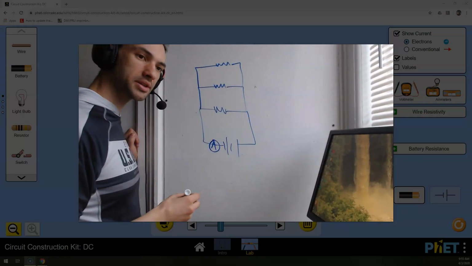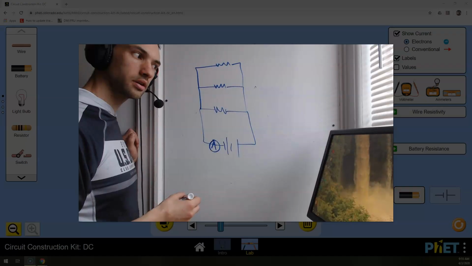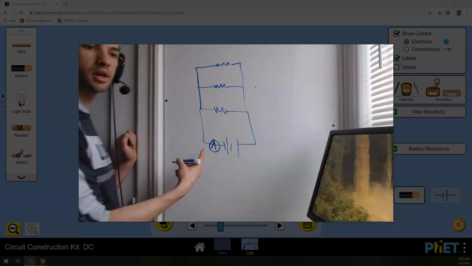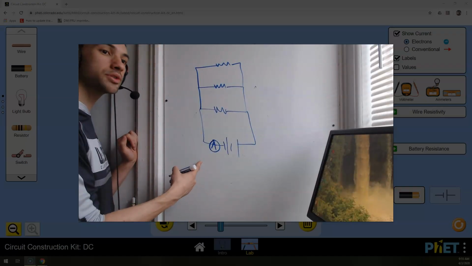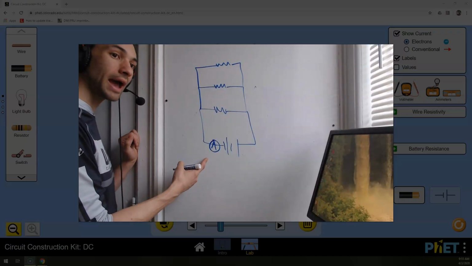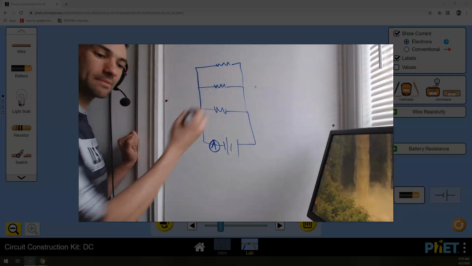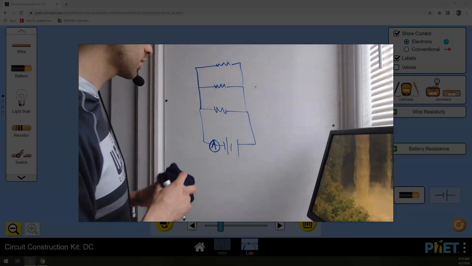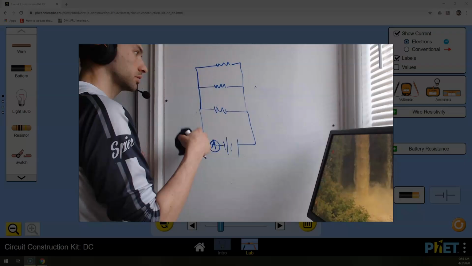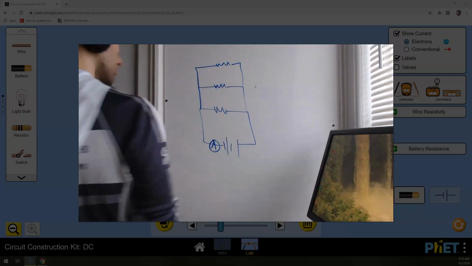And every time I have more paths to take, more current's going to flow. So the total amount of current and the total amount of power for this circuit goes up as I add more and more and more ways for the current to travel.